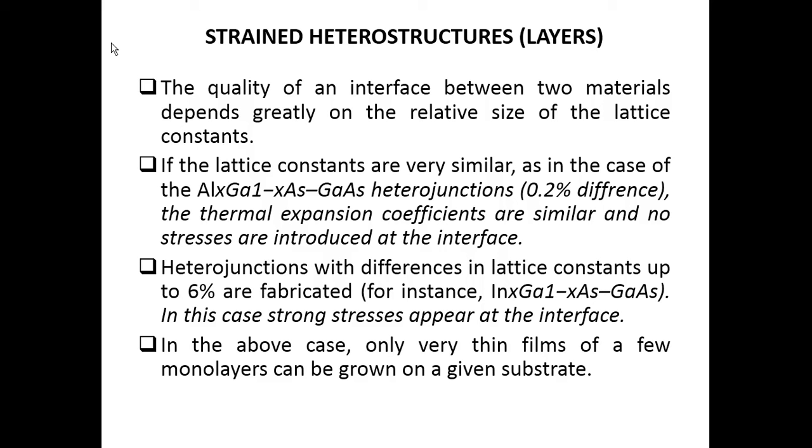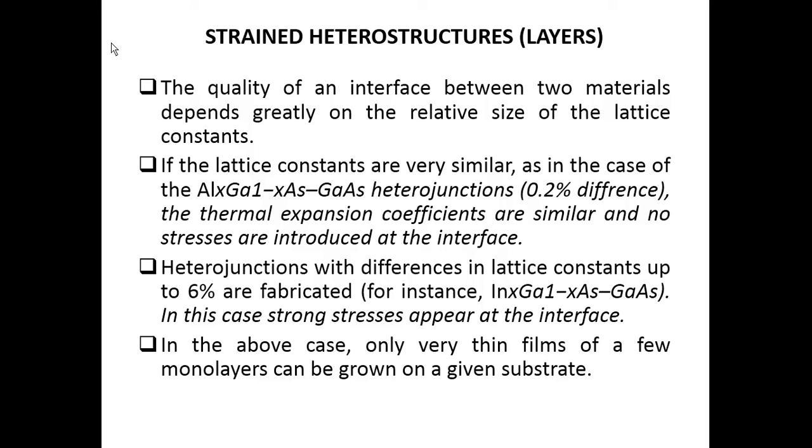Heterojunctions with differences in lattice constants up to about 6% can be fabricated. For example, indium gallium arsenide. In this case, strong stresses appear at the interface.